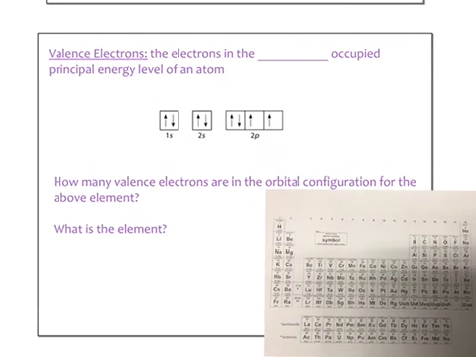So when we look at this, we can also look at valence electrons. These are the electrons that occupy the highest principal energy level. And so if we look at this particular orbital configuration, it's asking how many valence electrons are in the orbital configuration for the element above. So here you have to find your highest occupied principal energy level.